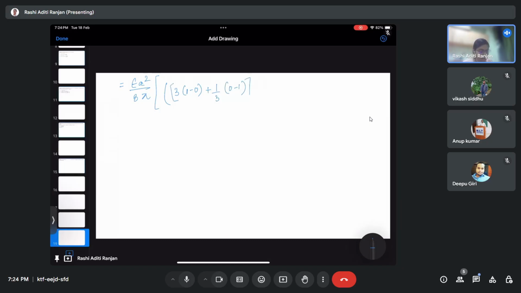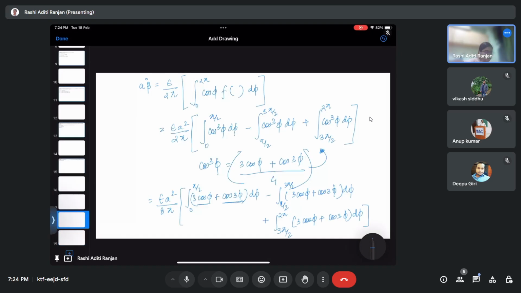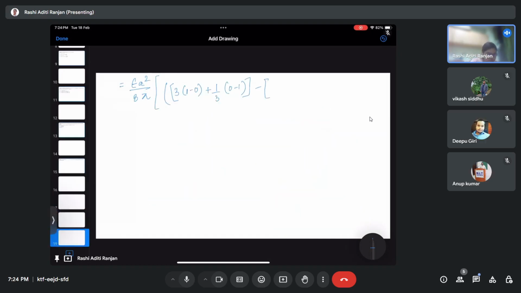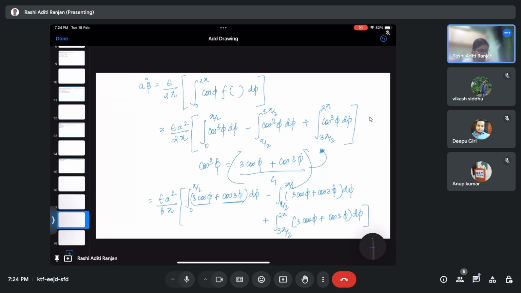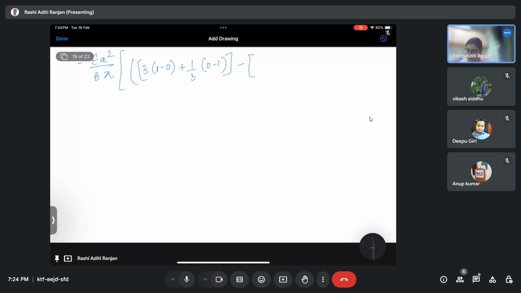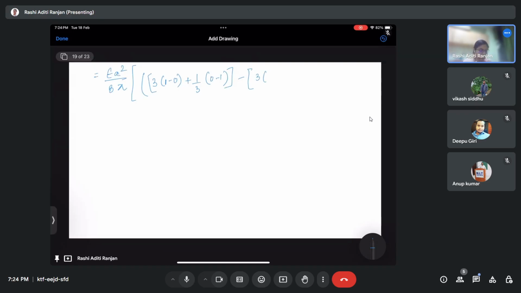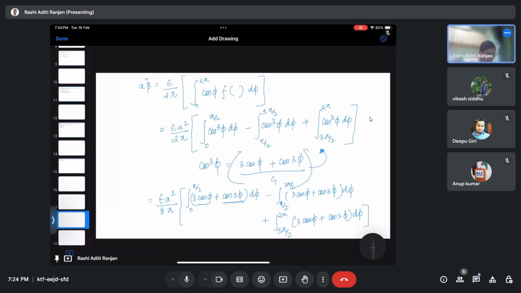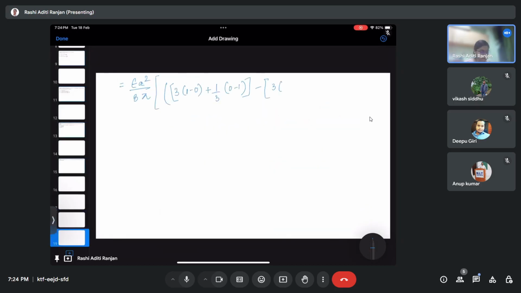This is the first term minus the second one, which is again this plus this. This is going to be nothing but 3 into sine of 3 pi by 2 is minus 1, pi by 2 is 1.